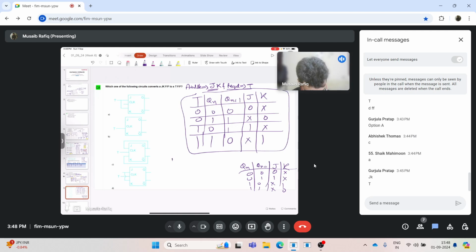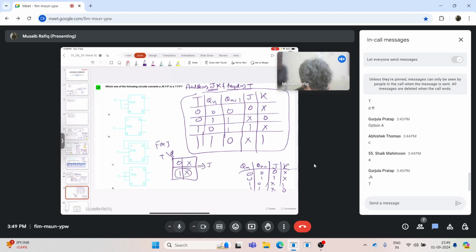Now I'll minimize the output. This is J, this is K, this is T, this is Q. For J, it will be equal to 0x 1x.